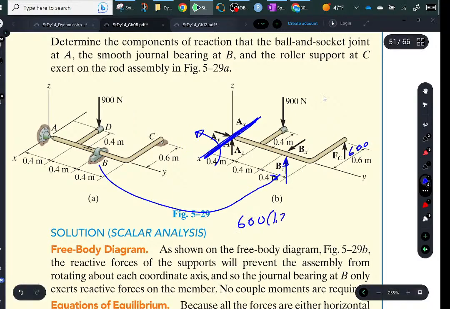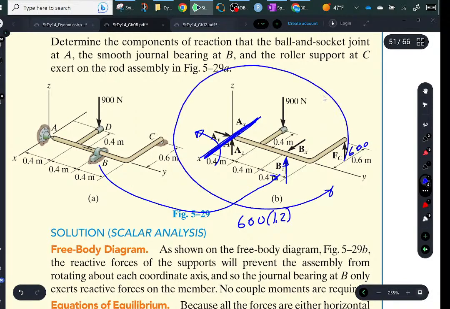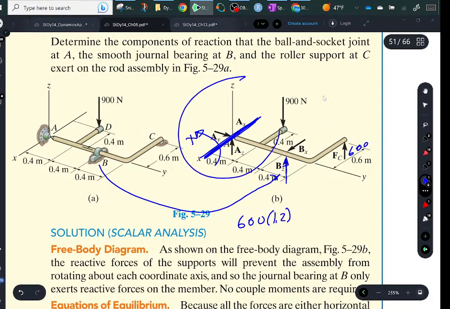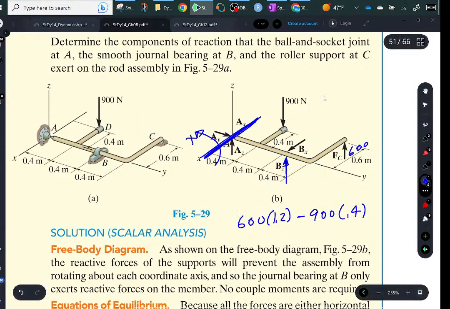I think that's 1.2. That's the moment that's produced around this axis that way. Then I got 900 going the other way. Minus 900, moment arm of 0.4. And the only other force is this one across this way. And that is a positive BZ times 0.8. So to me, I would see right off BZ is equal to, I'm going to see if I can make this figure it out. 1.2.